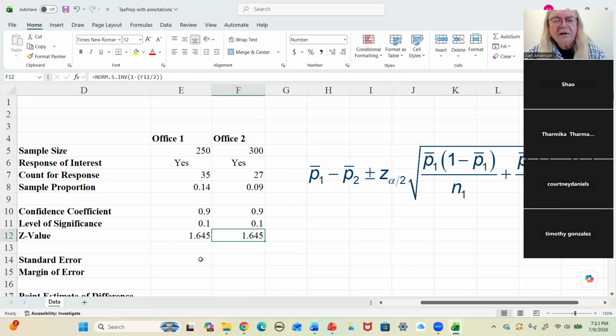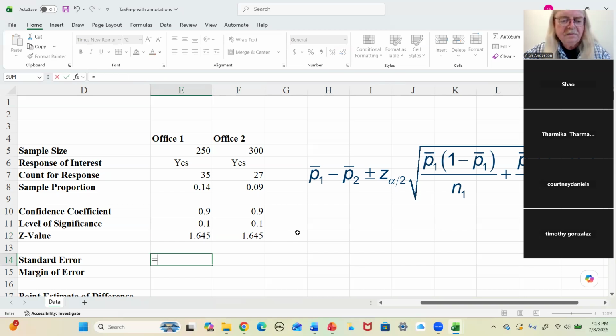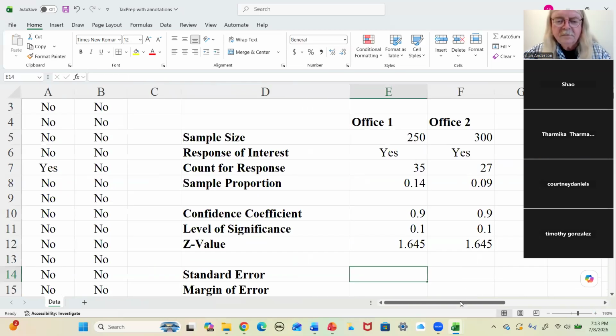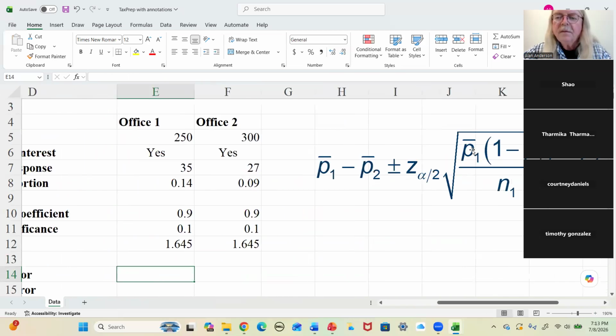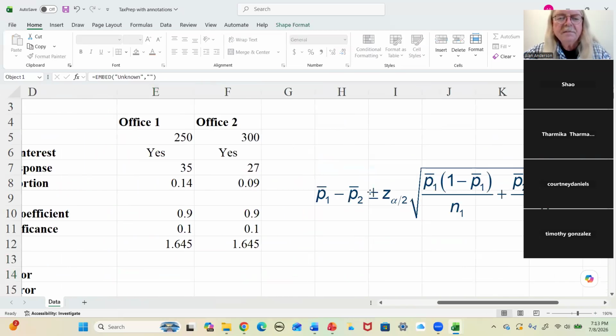All right, now the standard error is everything in the square root here, so that's going to be a mess. So let's see if I can shrink this up a bit so I can see it.